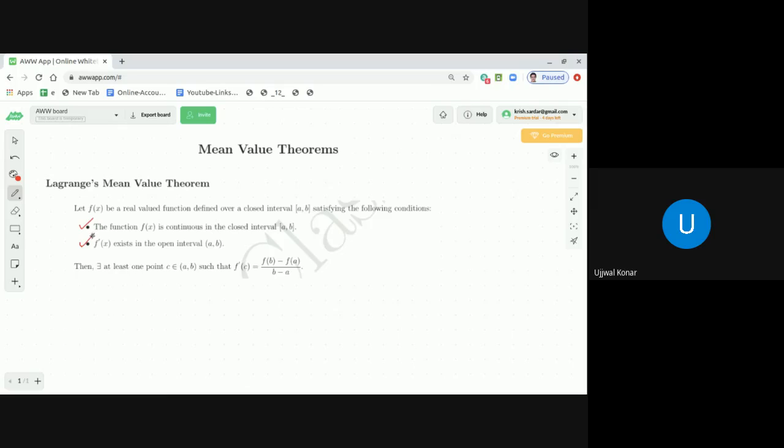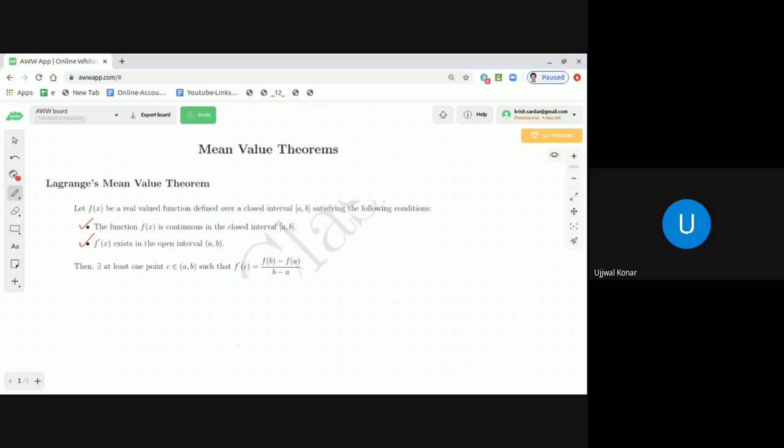That means f(x) is differentiable in the open interval (a, b). So if these two conditions are satisfied, then we can conclude that there exists at least one point c belonging to the open interval (a, b) such that f'(c) is equal to (f(b) minus f(a)) by (b minus a).